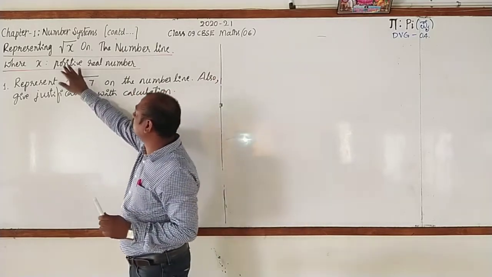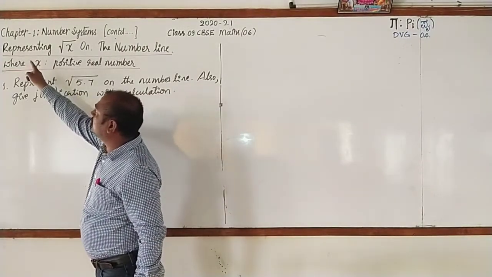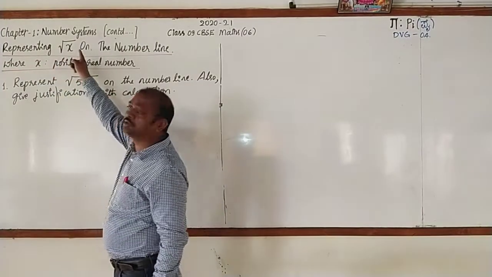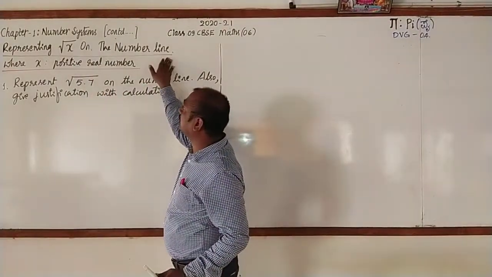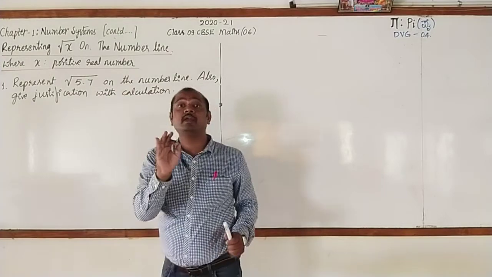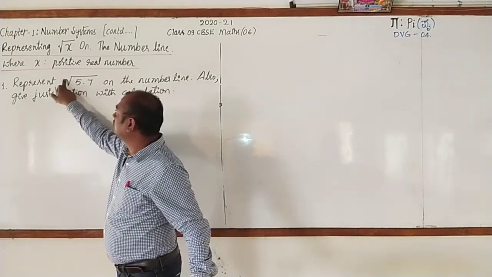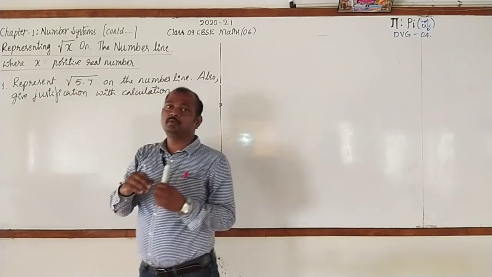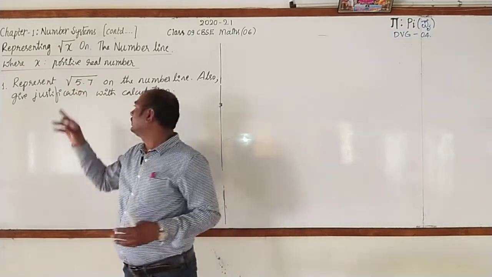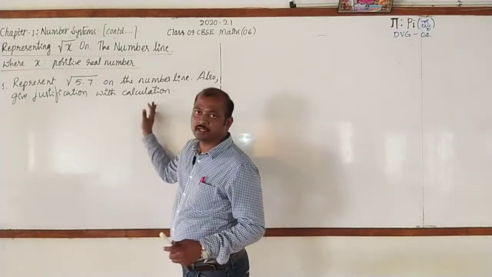But this is somewhat different. The heading is representing square root of x on the number line, where x is a given positive real number. That positive real number is in the form of a decimal. It may be 2.5, 4.5, 5.7, 9.8, like that. Such numbers will be taken.